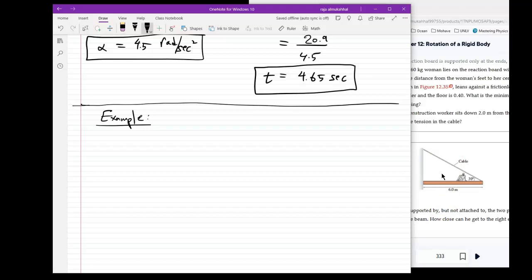Imagine you have a window cleaner, a person, let's call him Joe. A window cleaner, he's standing on a scaffold, and he's hung from say 2 cables. So let me make a drawing. So what you have is a beam or a scaffold.